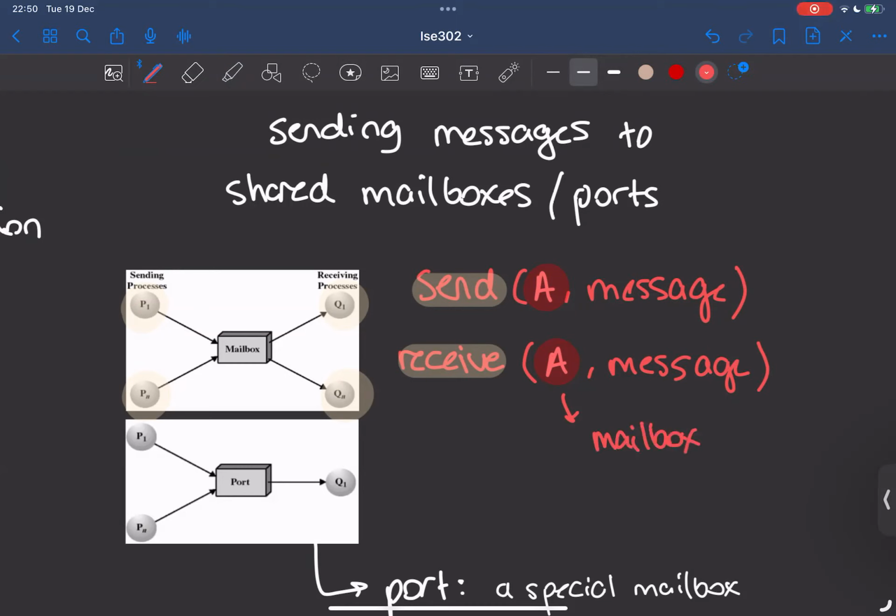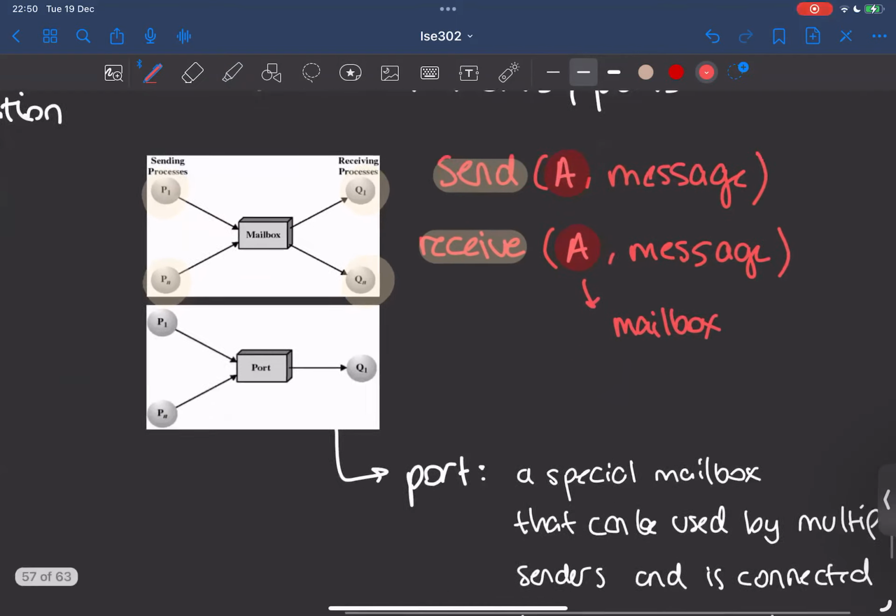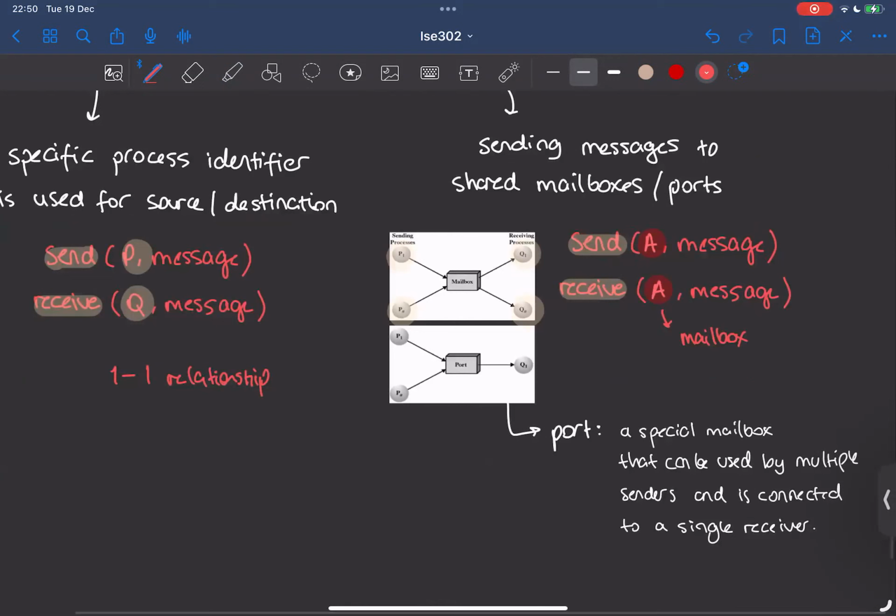So mailbox sharing presents an interesting challenge. For example, when multiple processes such as process 1, process 2, and process 3 share the same mailbox, and process 1 sends a message while process 2 and process 3 receive it, we want to determine who received it, because it's a critical decision.